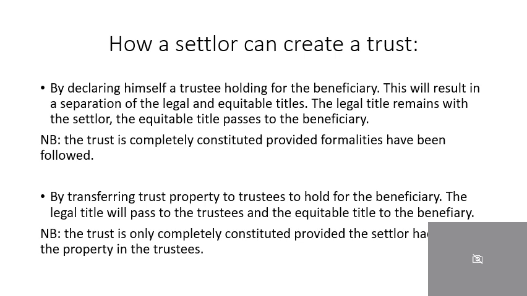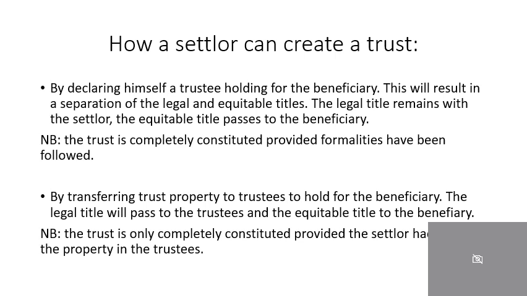Because he didn't appoint someone else as trustee, there was no need for him to ensure that the legal title of the shares had been vested in other persons, because he made himself a trustee, so he already holds the legal title of the shares. The only thing that will change is, as soon as he declares this trust, the equitable title is separated from the legal title and it passes to the beneficiaries. So the legal title is vested in the grandfather already.